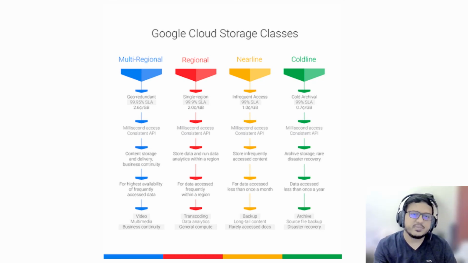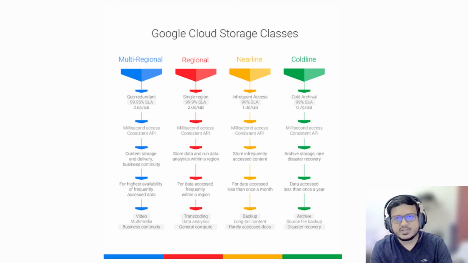So these can be defined in the form of rules and can be applied through the gsutil command line utility, or with REST API calls, or even through the Google Cloud Console GUI. So that's about how lifecycle policies are applied.